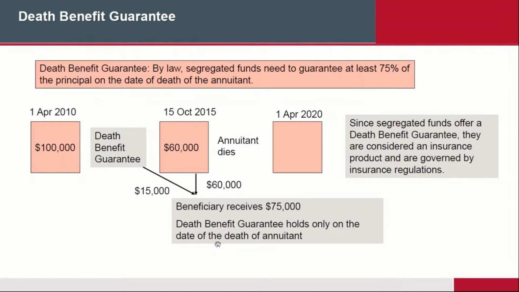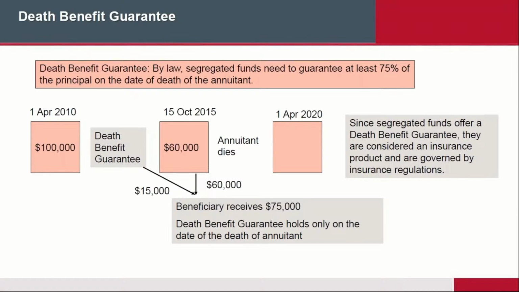Okay, and so therefore, segregated funds provide an excellent protection against dying prematurely, as well as living to the maturity date, in which case then you will get the maturity guarantee, in this case here 75%, and everything.